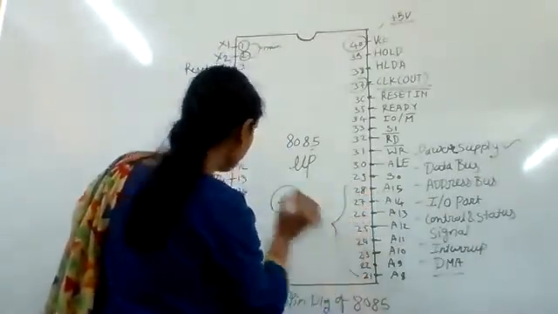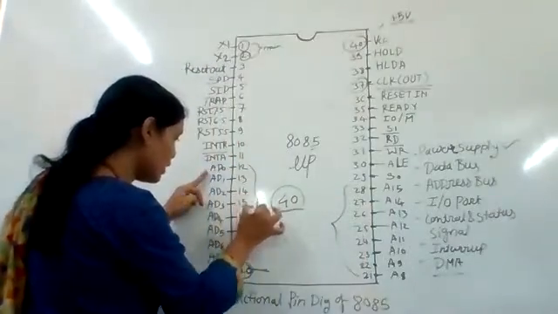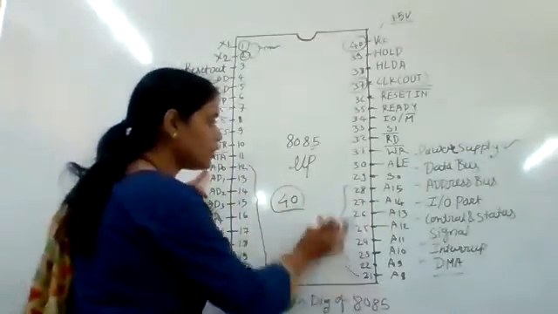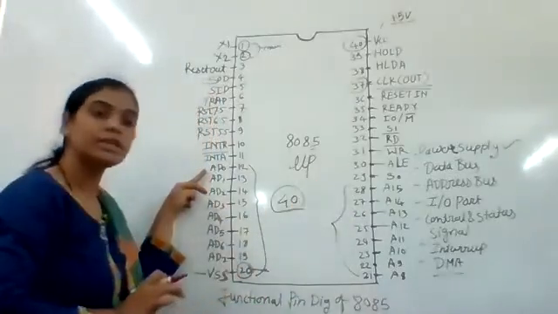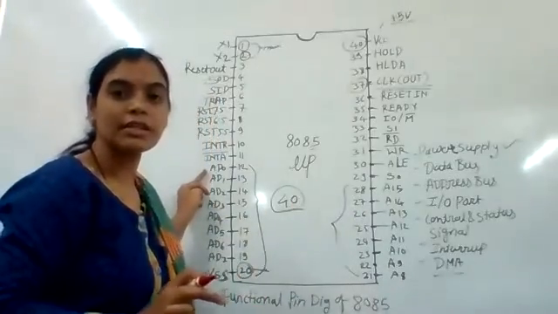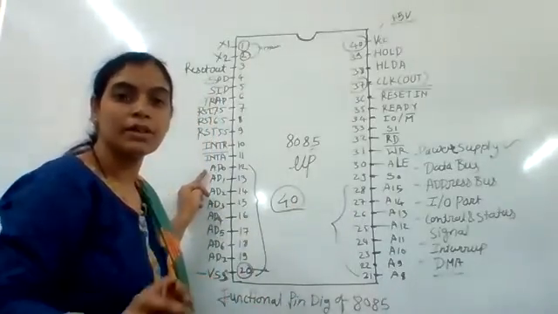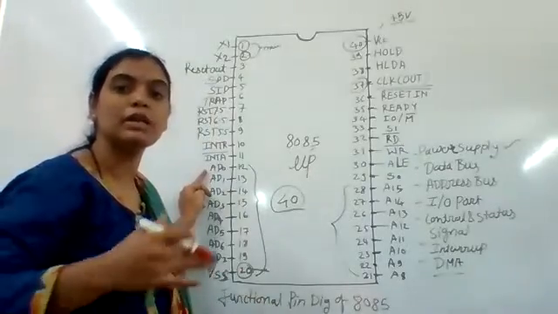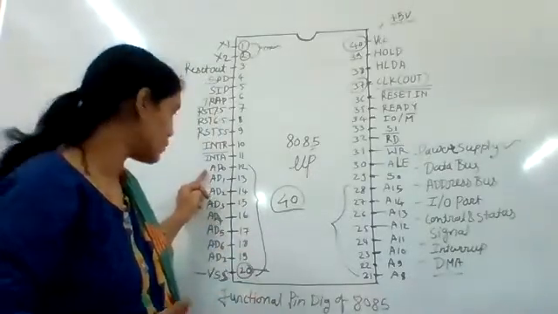Pin number 12 to 19 and 21 to 28 are the address bus. But out of 16, 8 are multiplexed with the data bus.